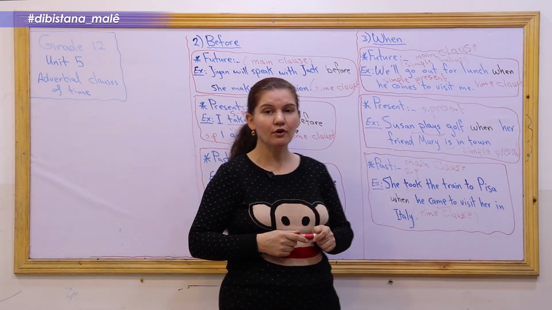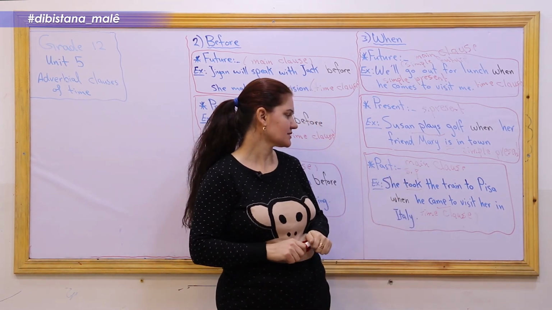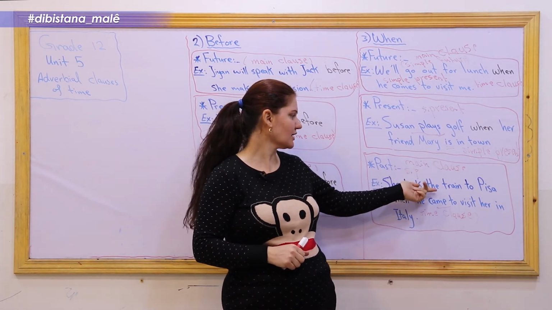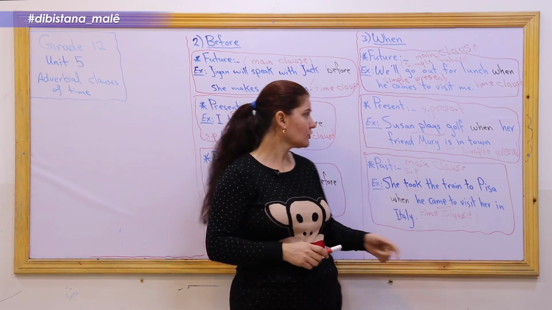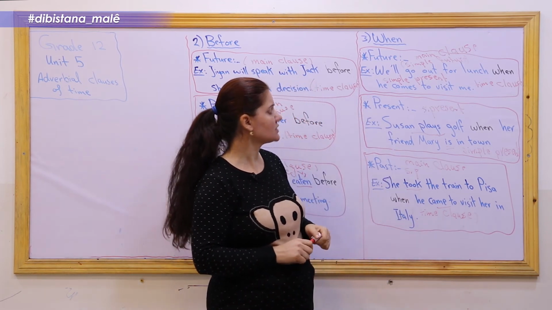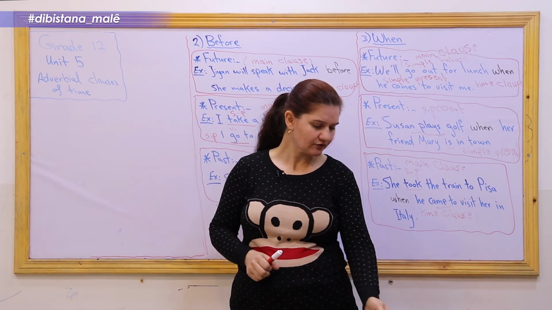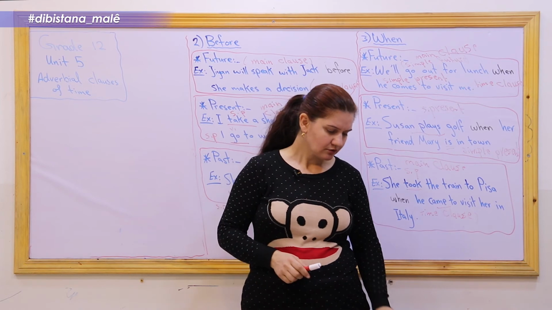So both of the clauses are in the simple past tense. But the time clause happens at first, then the action in the main clause happens after it. So this is all about the time clauses, adverbial clauses of time: after, before, when.